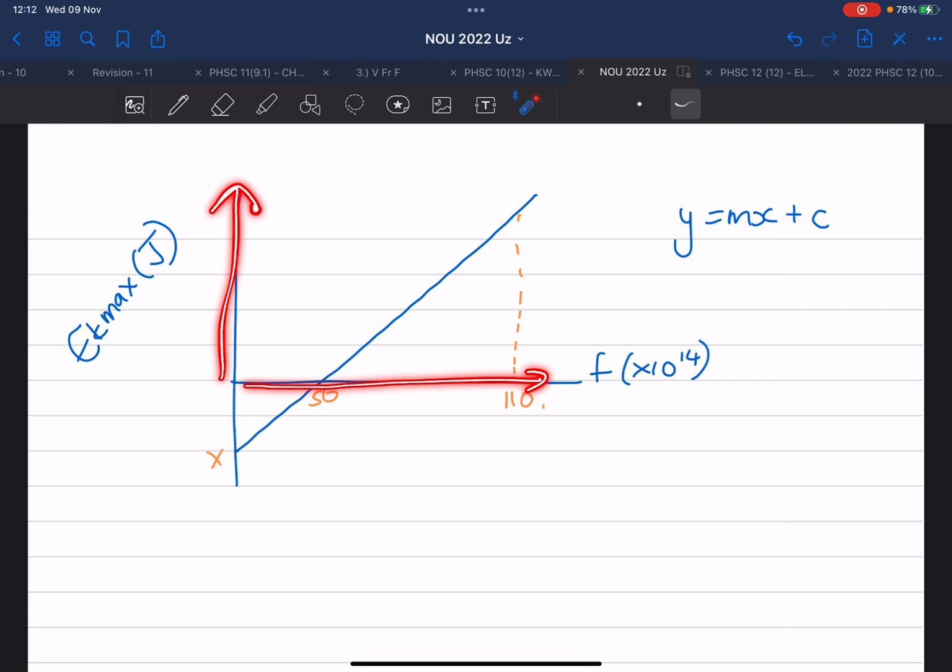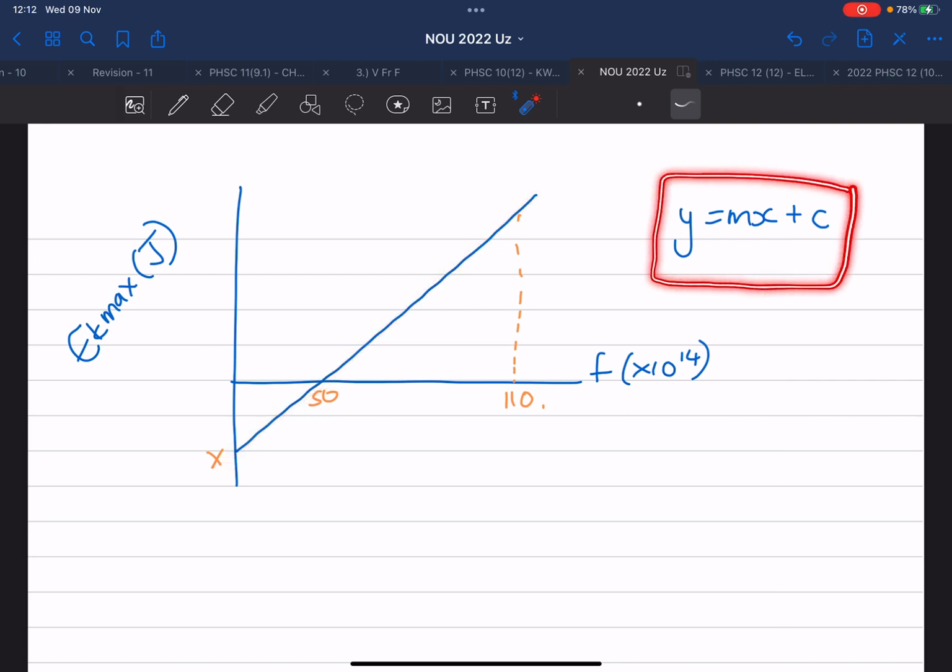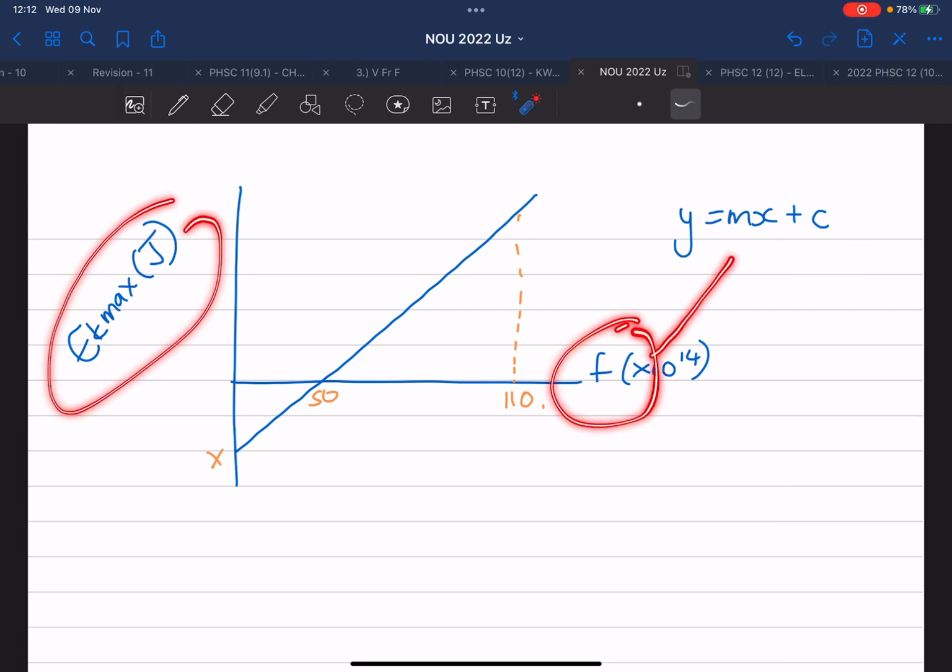Ja, sharp. Then, so I say I have kinetic energy there, photons there. I know this is a straight line graph, reguit lyn grafiek. Okay? And I know the general formula for a straight line graph looks like that. Okay. Kom ons kyk gou, can we apply this information into there? Okay? En dan kyk of ons die gradient gaan kry.